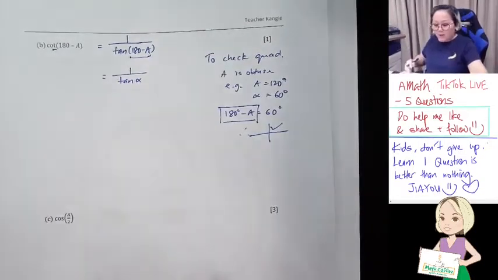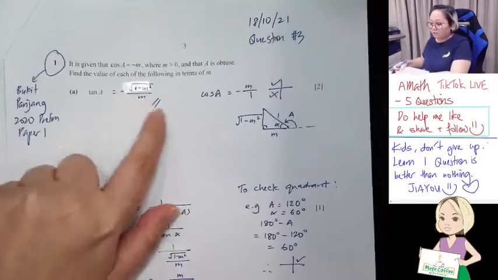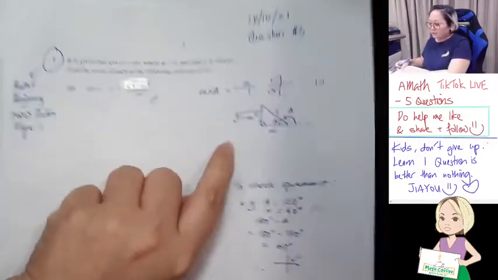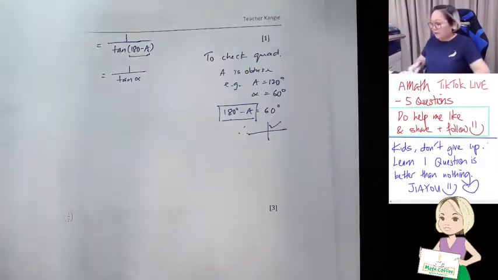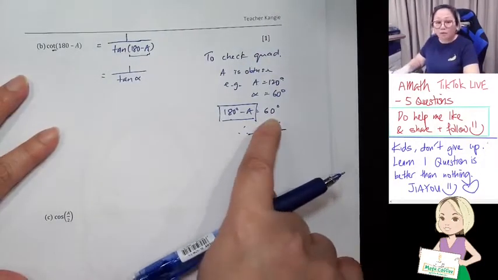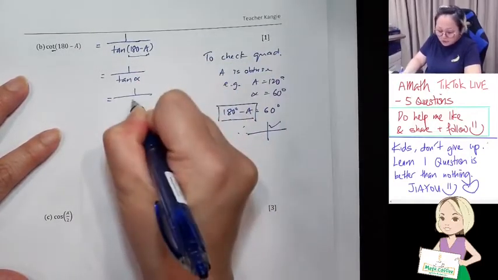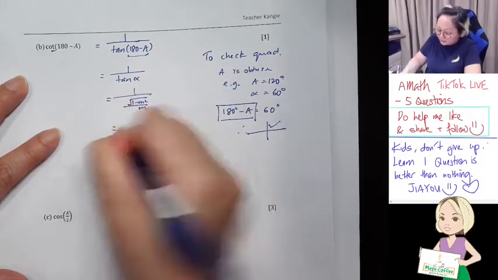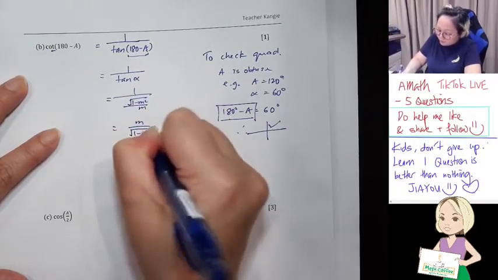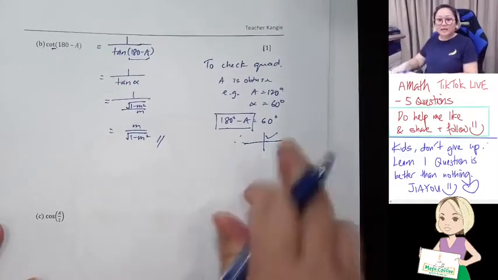And our basic angle tangent is what I took from just now, but without the minus, because this is the basic angle. Now it's 60 degrees, so it's supposed to be positive. So that means it will be 1 over square root of 1 minus m square over m. And then after that I get m over square root of 1 minus m square. Done.